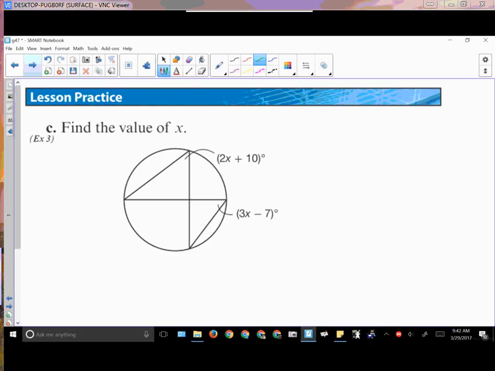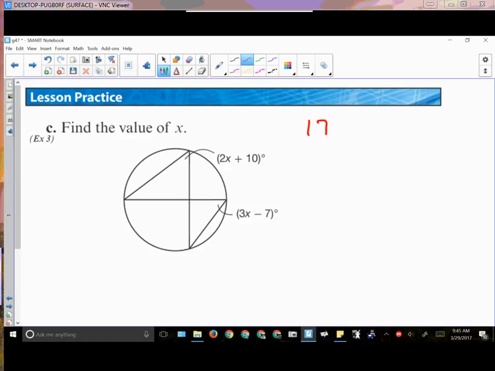So, I'm going to give you a moment or two here, and I want you to go and figure out what this one is. So, who believes that they have the appropriate value for x? Yes, Hannah. 17. Okay. Let's double check.